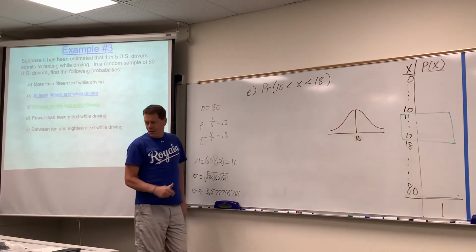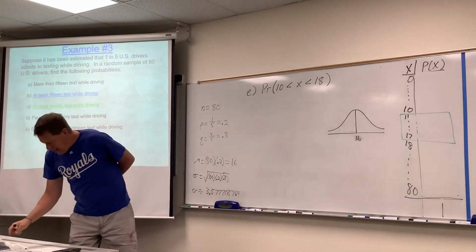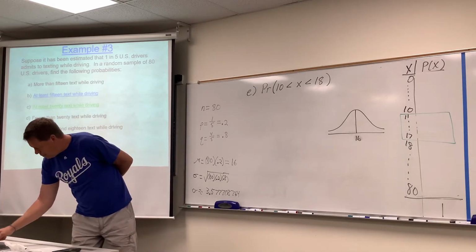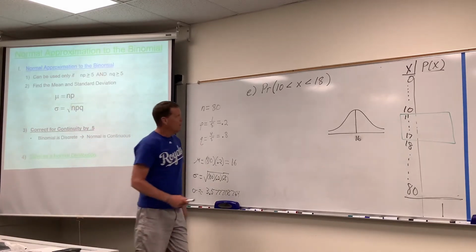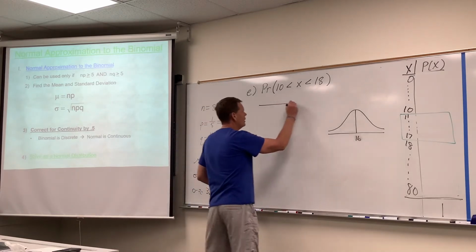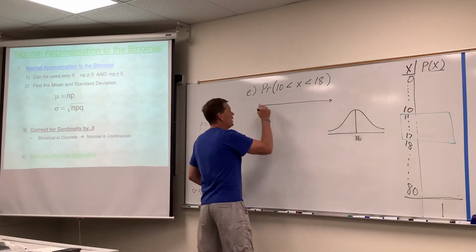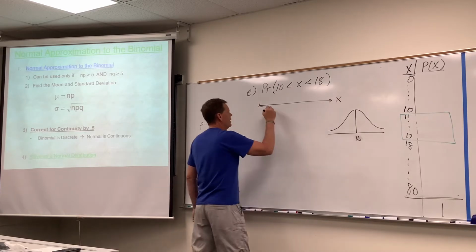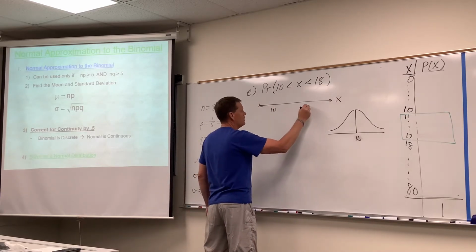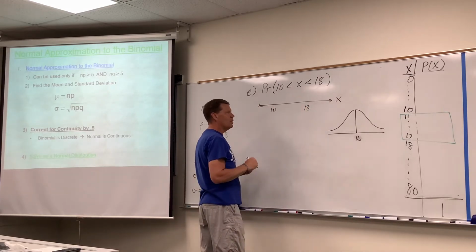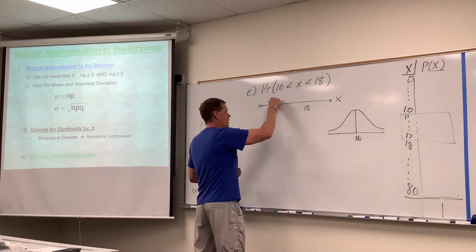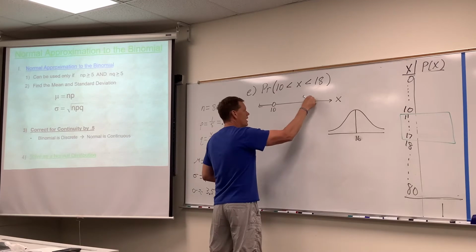Now, the crucial step, in my opinion, and I would say most people who teach this would say the same thing: correcting for continuity. When you draw a number line to represent the variable x, and you put 10 and 18 on there, it is imperative that you understand, because of the word between, that a mathematician would say we're not including the 10 and the 18.